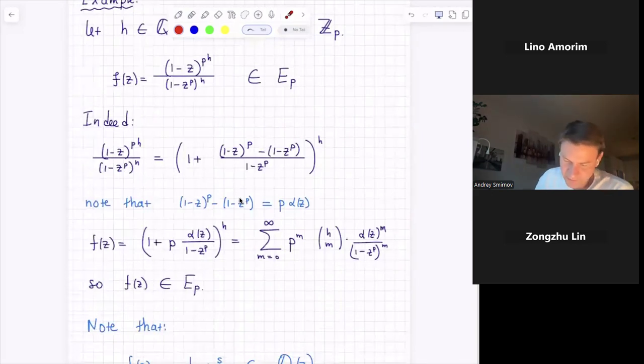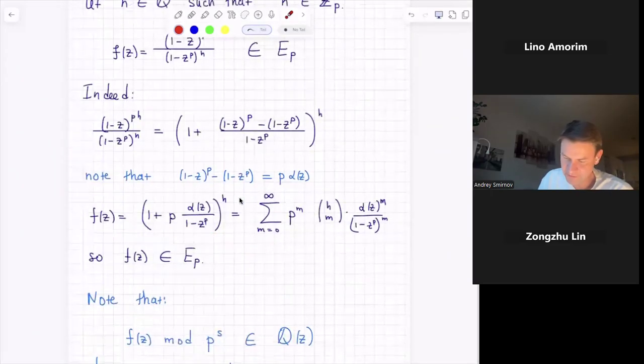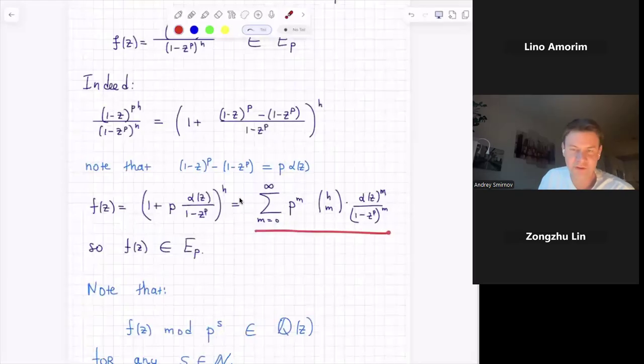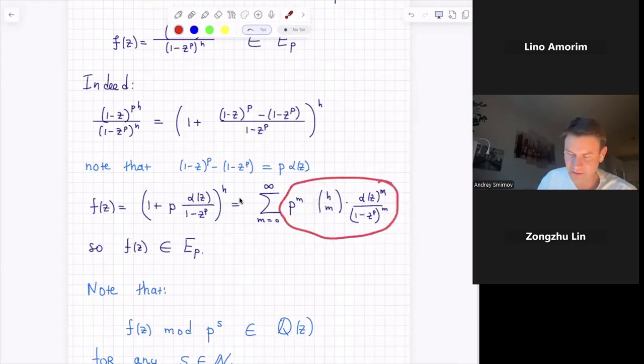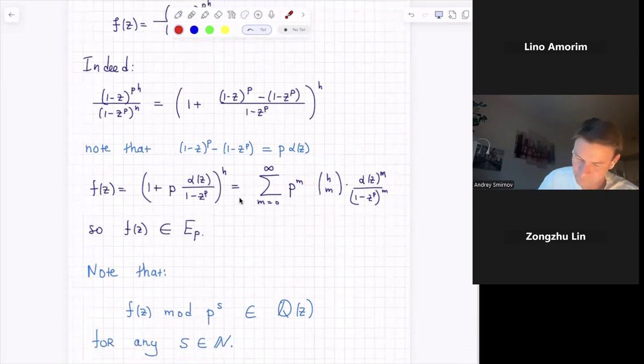And if you know that, you can expand this whole power using Newton binomial into a power series, and you have this sum, from which it's clear that it's indeed an element in the completion, because this is explicitly an infinite sum of rational functions in Z, and because of this extra power of p here, the p-adic norm of each term in this sum is getting smaller and smaller, so it converges in the p-adic norm. And so we see that it's actually an element in this completion.